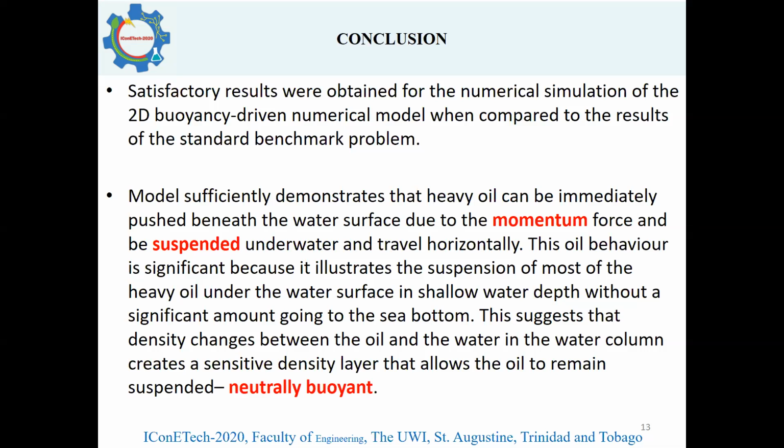This suggests that density changes between the oil and the water in the column create a sensitive density layer that allows the oil to remain suspended. What happened is neutral buoyancy: it remained underwater because of the changes in density in the water column that allowed it to become neutrally buoyant. That can answer why it became suspended and did not float to the surface.